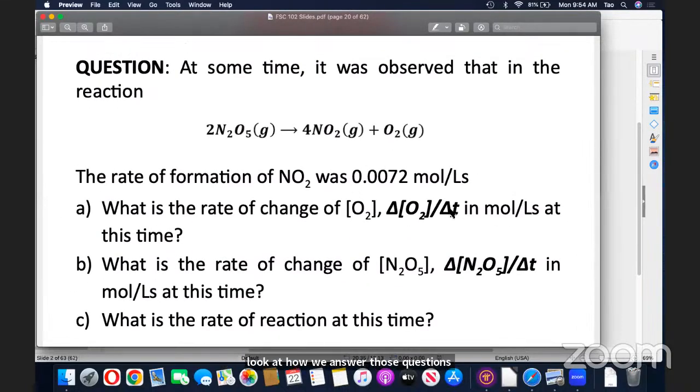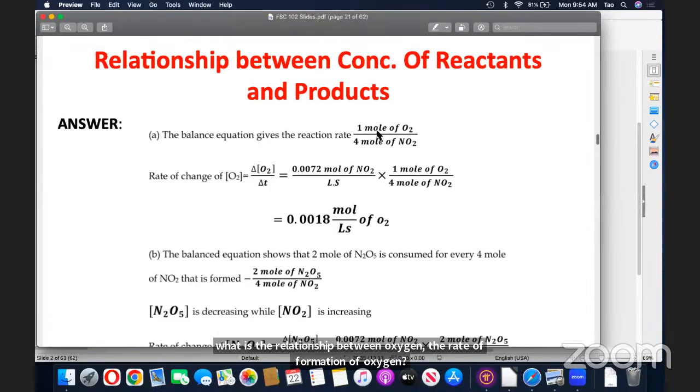Now, number one, to answer this, what is the relationship between the rate of formation of oxygen and the rate of formation of NO2? It is 1:4. So 1 mole of O2 will give you 4 moles of NO2. That's the first thing that you need to know, because that's important.